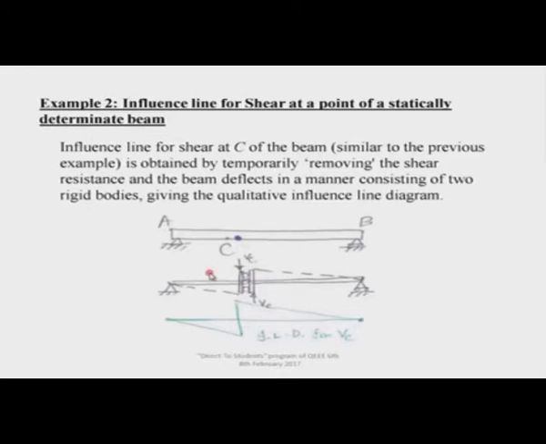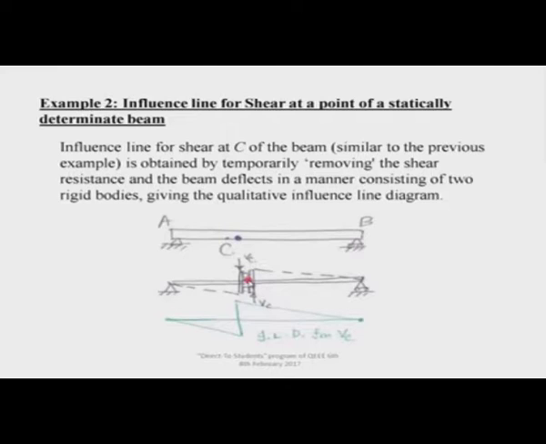If the unit load is applied, then this part is going down and relatively this part is going up. So, you can say that the shear capability of the beam is gone and it is going to be sheared there, but how can you determine which part will come down and which part will go up?